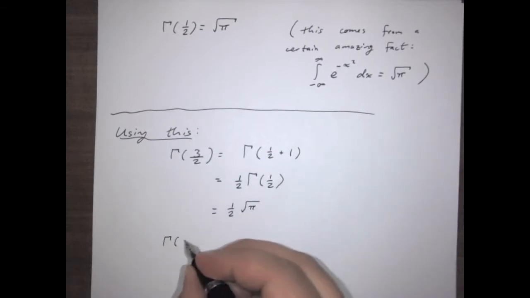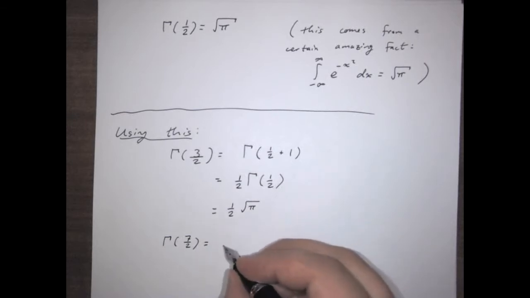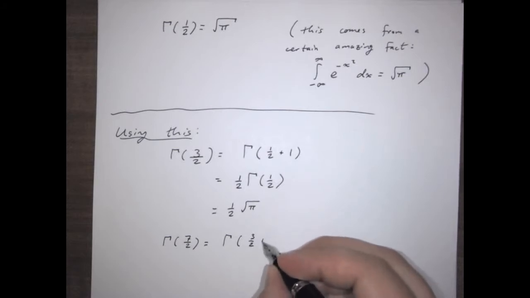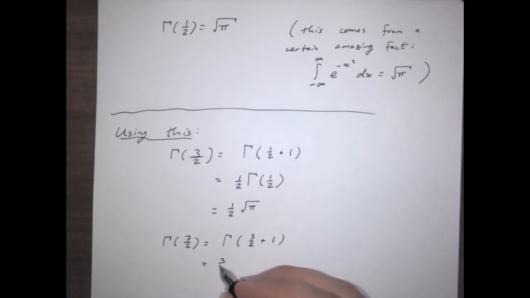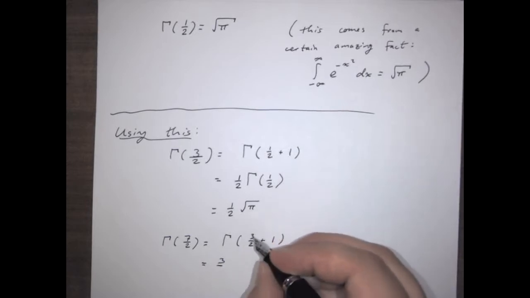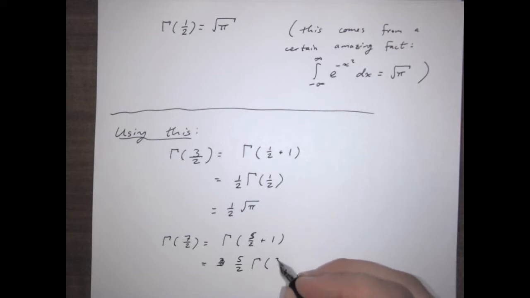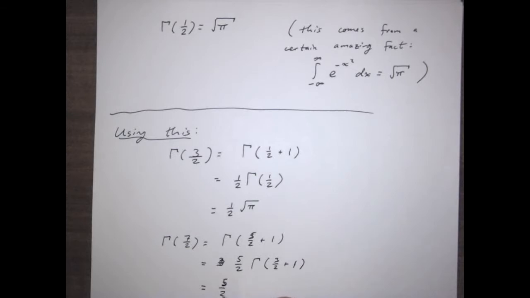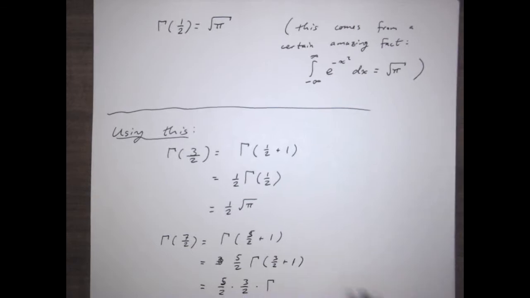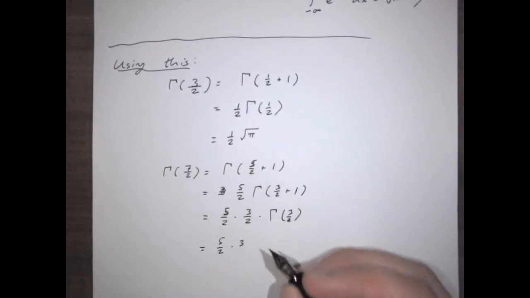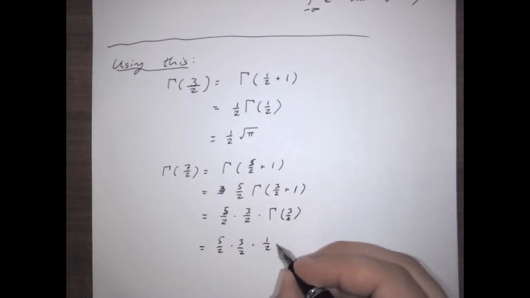If I wanted gamma of something like 7/2, that would be the same as gamma of 5/2 plus 1, which would be 5/2 times gamma of 3/2, which would then be 5/2 times 3/2 times 1/2 root pi.